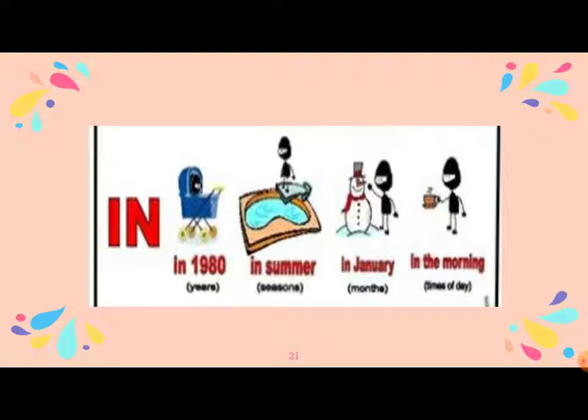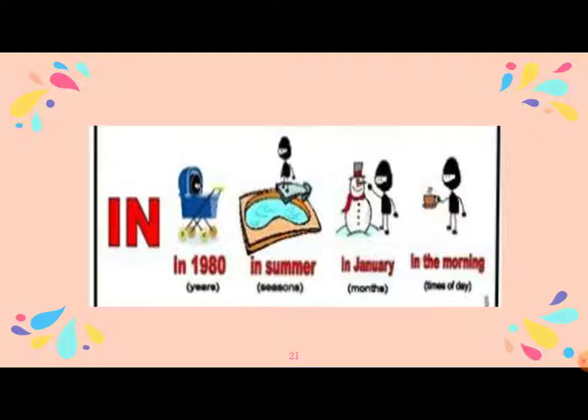Dear children, when do we use in? Yes, when some object is in something, we use in. But whenever you get years, season, month, or time of a day, in this noun we use in.